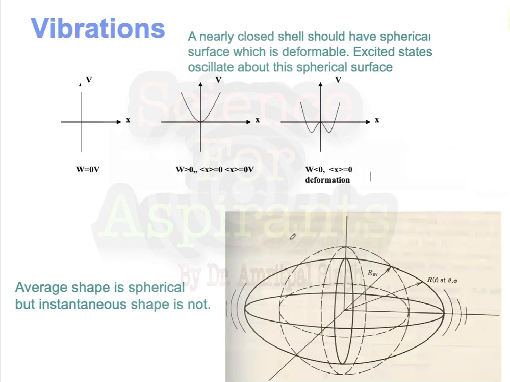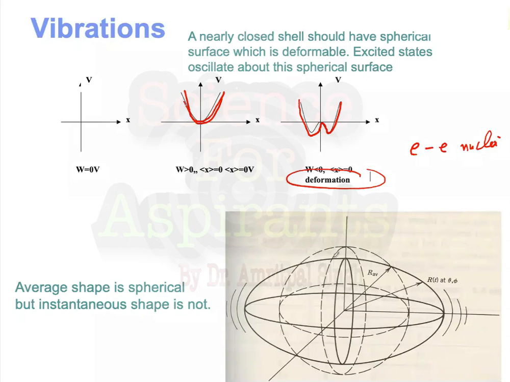So you can see from that, even for the even nuclei, according to the shell model it should be a harmonic oscillator, but according to this collective motion, there is some sort of deformation which is also present, even though the nuclei are even.